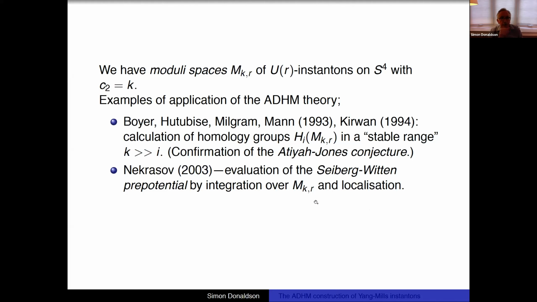So there are many other applications, both related to geometry, topology, and to physics, of this relatively explicit description of the instanton moduli spaces.